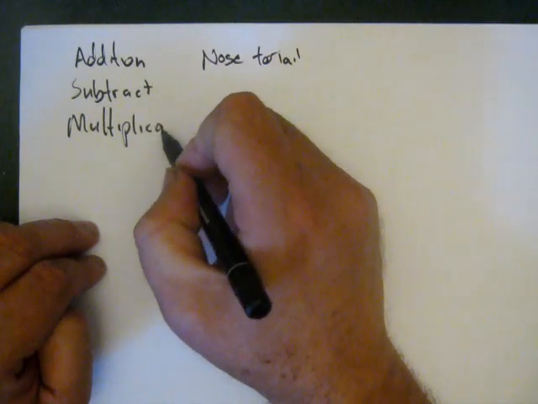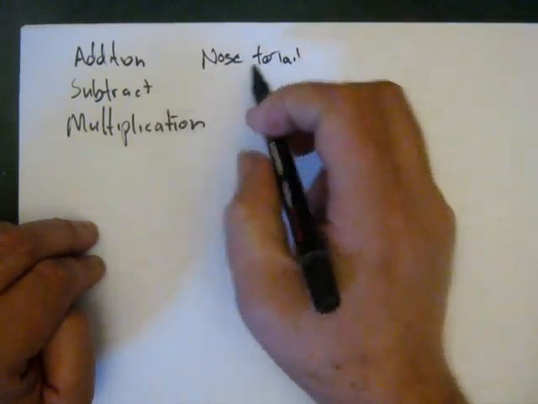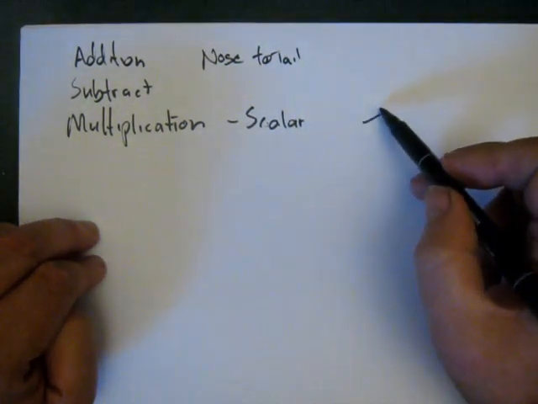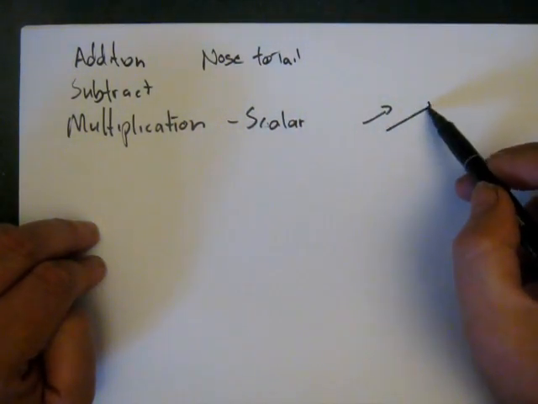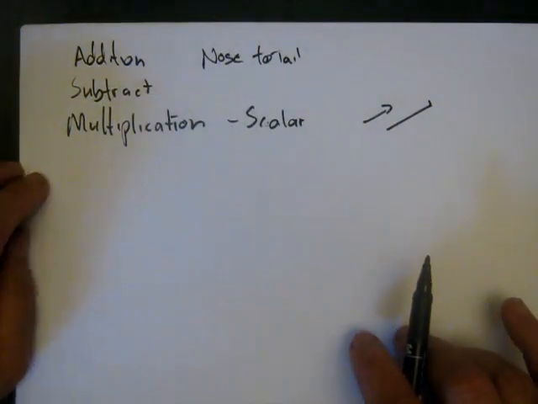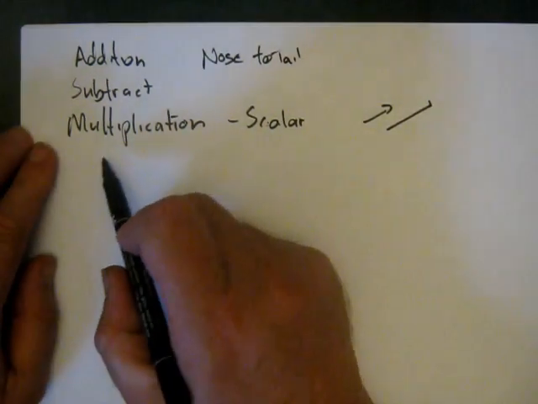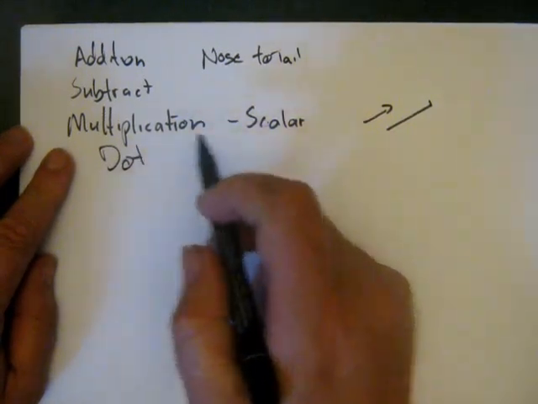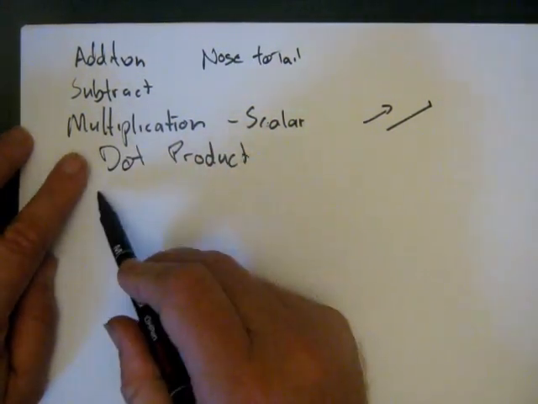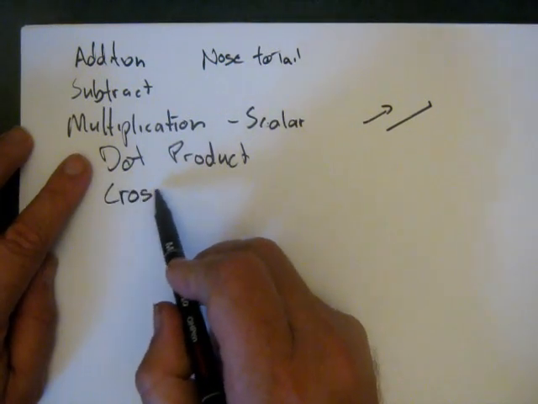Well, at the moment, as I was saying, there's three types of multiplication. There's scalar multiplication, where if you have an arrow, you just make it bigger or smaller, no matter what you're multiplying it by. But we've got two other types of multiplication which you've been discovering. You've been doing dot products, and you've been doing cross products.